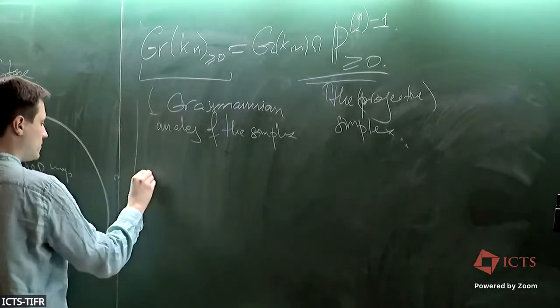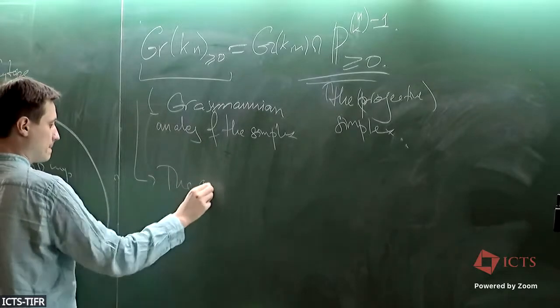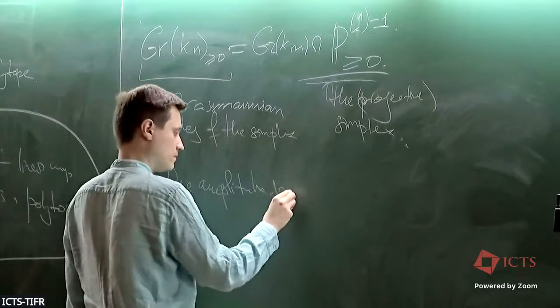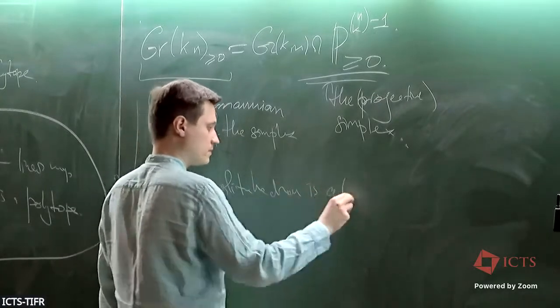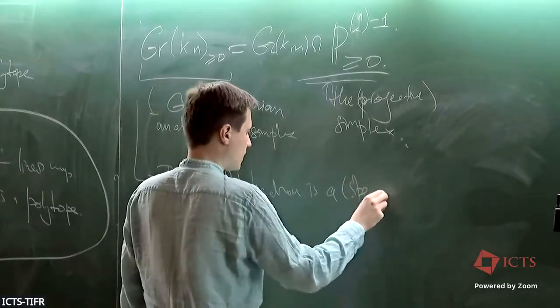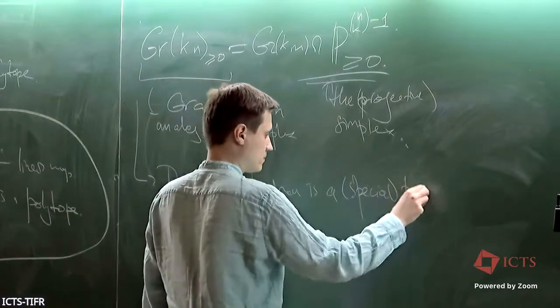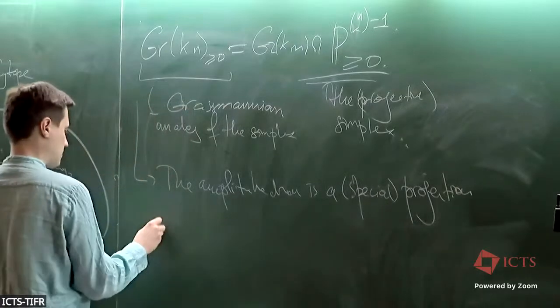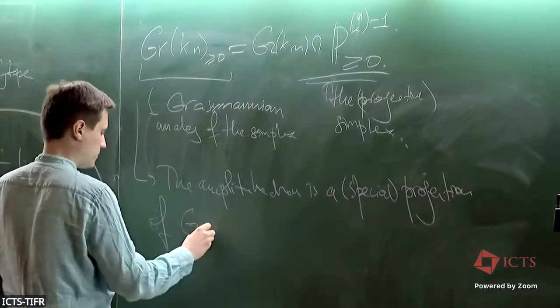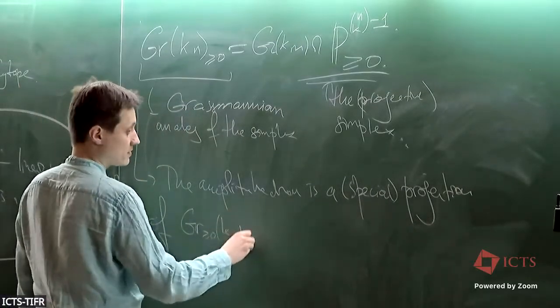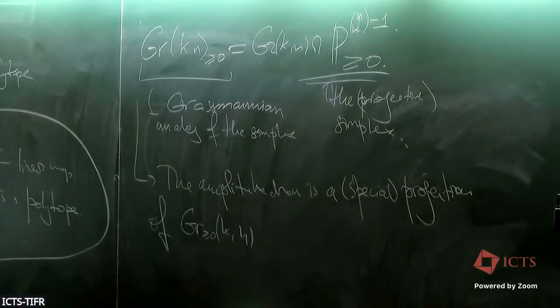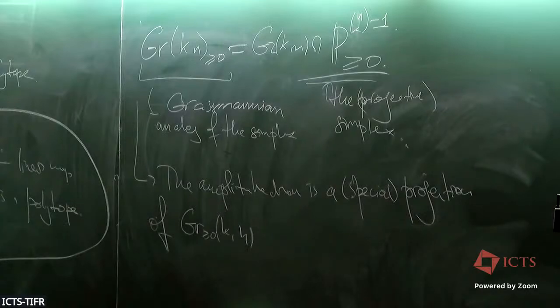And now we will just project it. The Amplituhedron is a special projection of the positive Grassmannian. It's defined by a totally positive matrix, a matrix whose maximal minors are all positive.